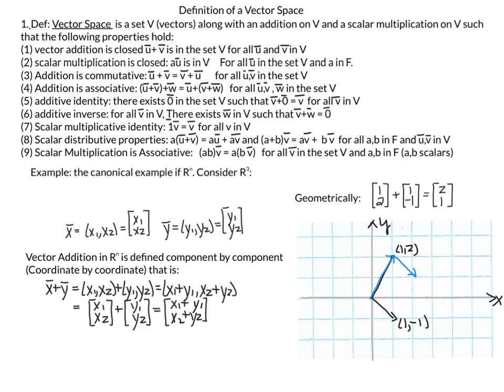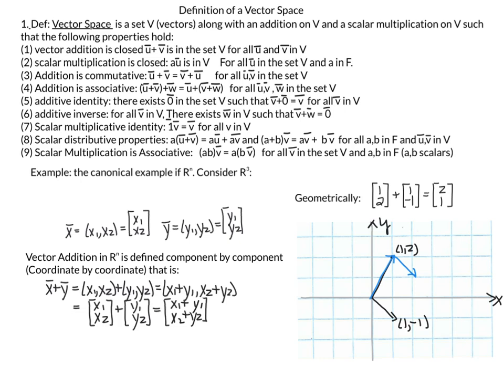Now I can draw this vector here from the origin to the endpoint, and this will be my vector 2, 1. And you can see it perfectly aligns with 2 units on the x-axis, 1 unit on the y-axis.